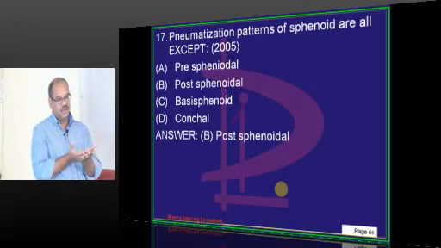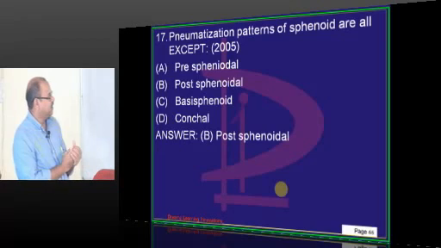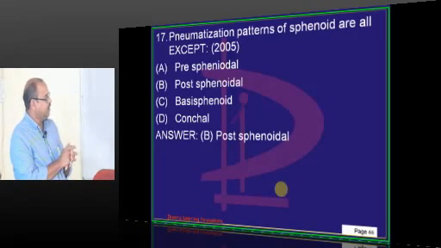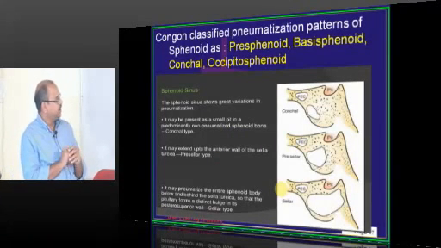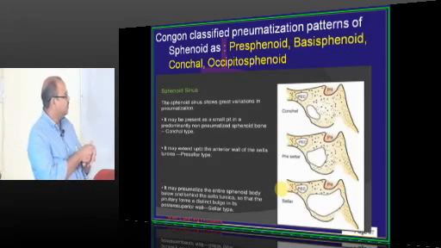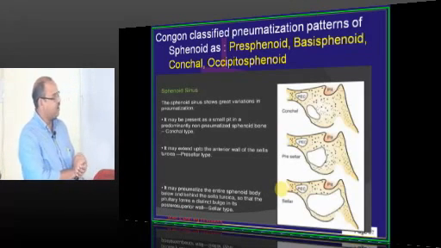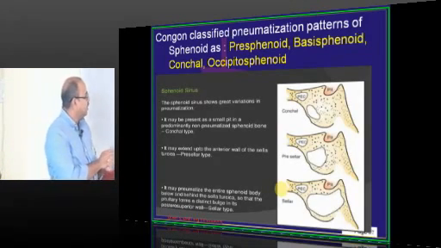That is, behind sphenoid there won't be any pneumatization. Pneumatization patterns of sphenoid are all except pre-sphenoid, post-sphenoidal, basisphenoid, and conchal. This is the classification proposed by Congdon. The pre-sphenoid, basisphenoid, conchal, and occipito-sphenoid.